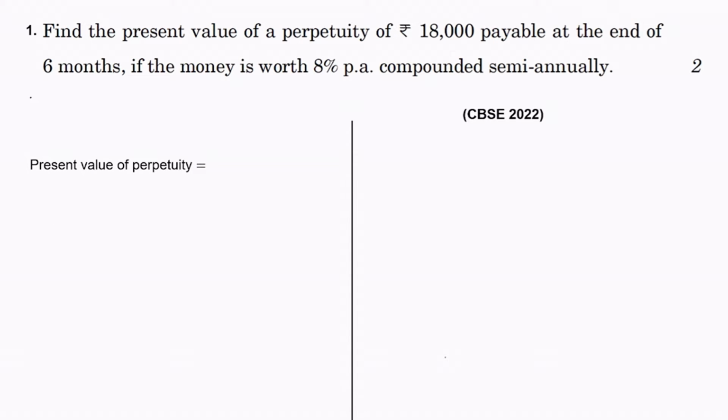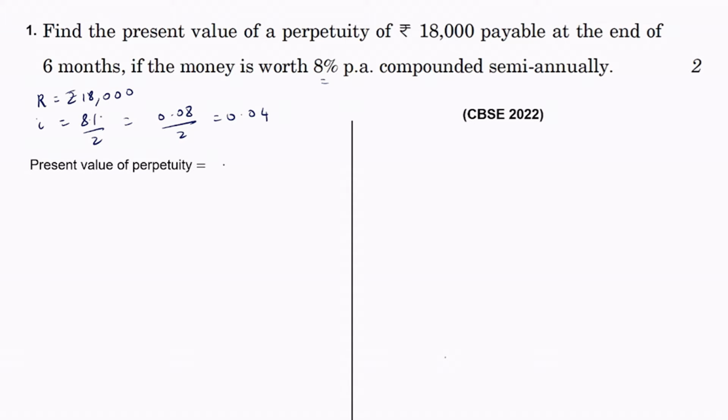So here R, that is the periodic payment, is given as rupees 18,000, and then we have I, it is 8% per annum compounded semi-annually. So it is 8% divided by 2. It is 0.08 by 2, which is 0.04.